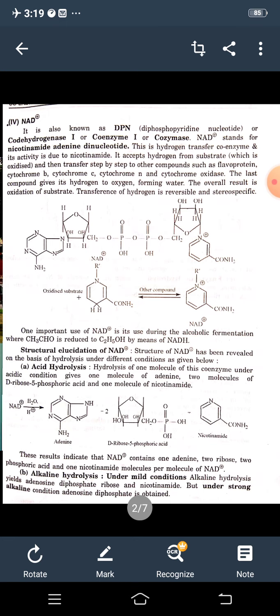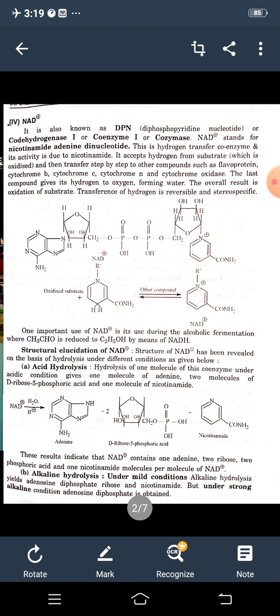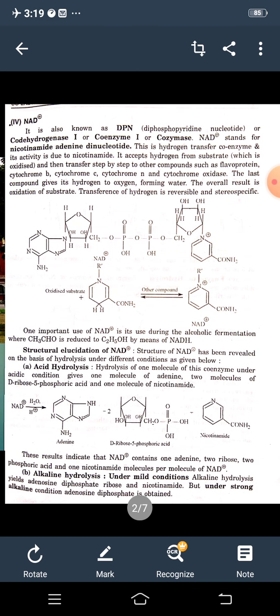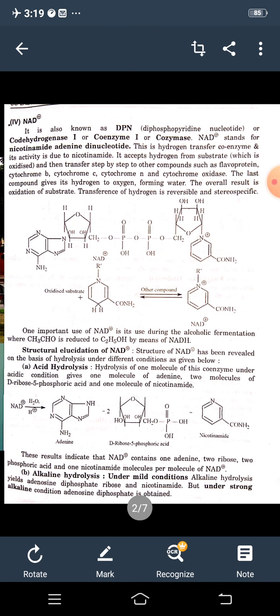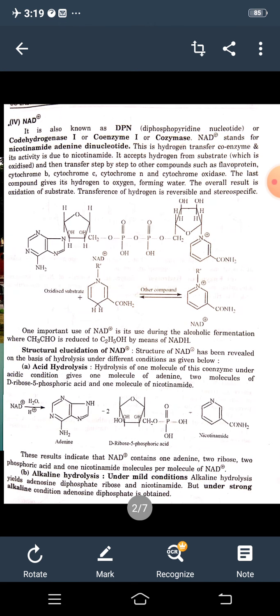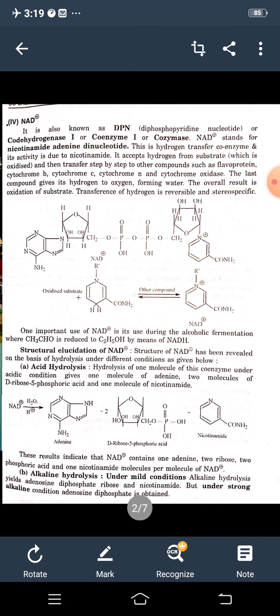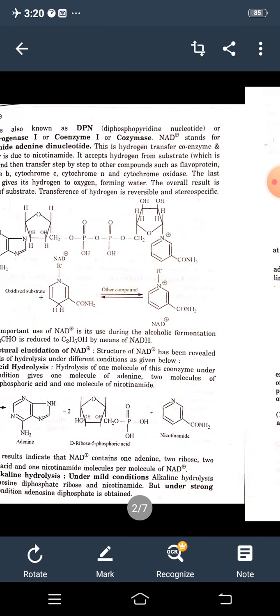Now second, it may be alkaline hydrolysis. Under mild conditions, alkaline hydrolysis yields adenosine diphosphate ribose and nicotinamide, but under strong alkaline conditions, adenosine diphosphate is obtained.